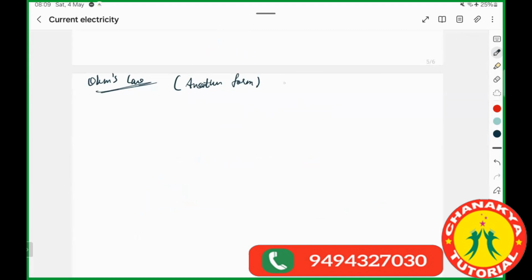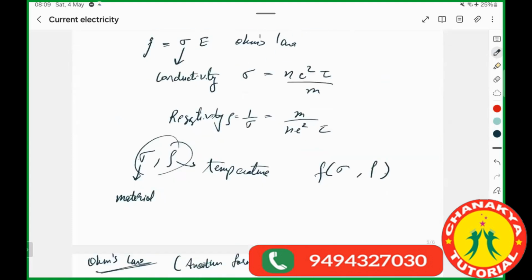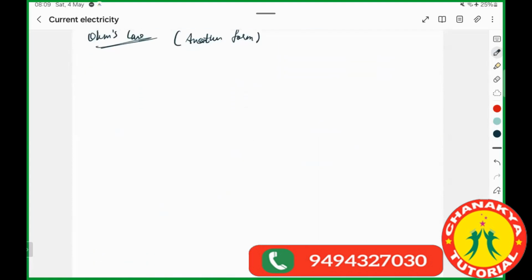The same conductor, we will take length L, area A, potential V. Same thing, whatever we did here. So electric field E equals V by L. And J equals sigma E, that we know.